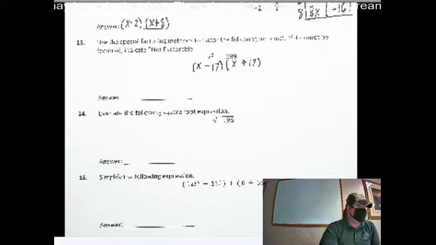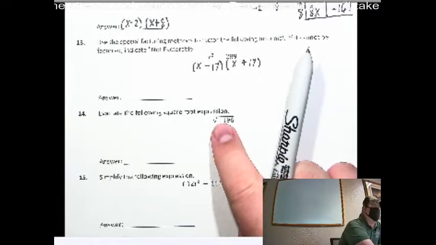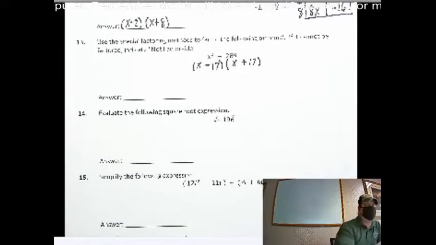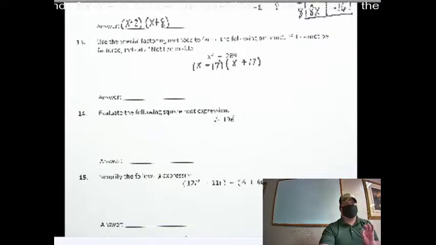All right. Next, evaluate the following square root expression. Now, we have a negative under here. So is this going to be a real number or a non-real number? If we have a negative underneath a square root, will it be a real number or a non-real number?